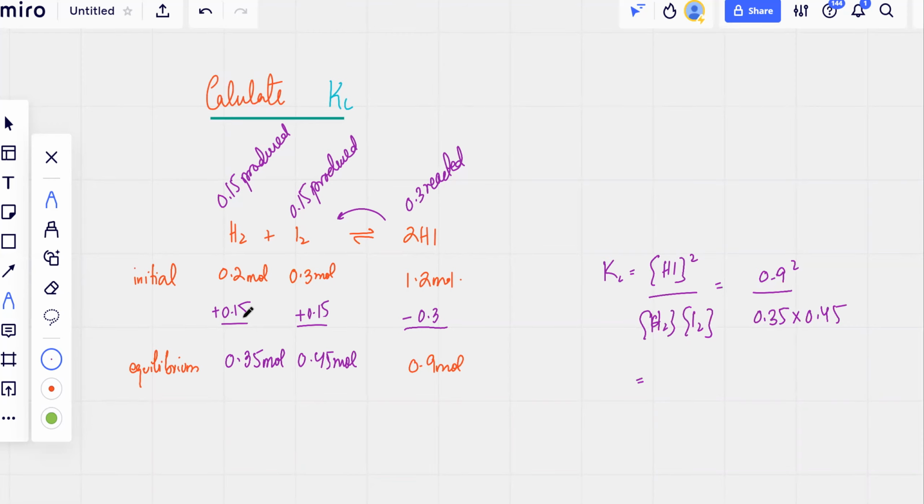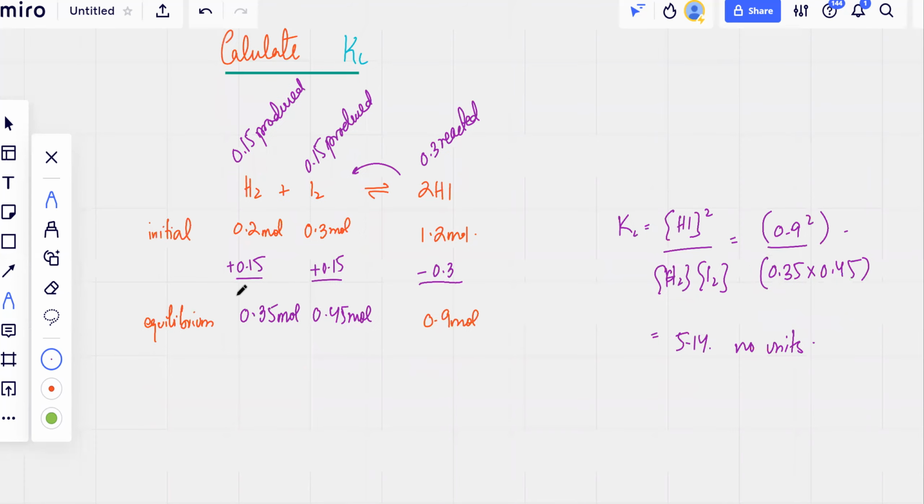What are we getting? I'm getting 5.14. Just make sure you use brackets and clearly tell the calculator what's happening. So you're getting 5.14, and Kc has no units in this case.